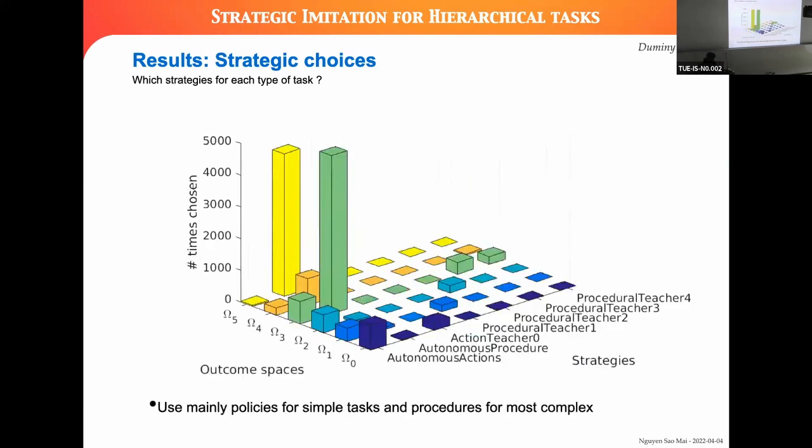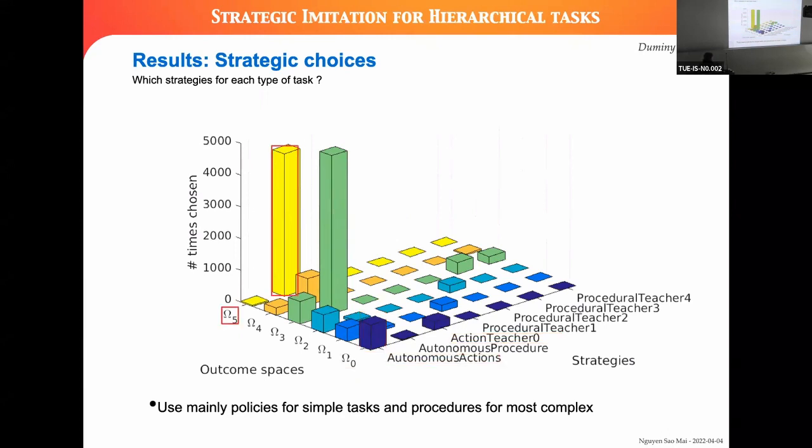If we look more broadly, more than the imitation strategies, it can also learn by autonomous exploration, either in the action space or by decomposing the task. We can see that here for the task omega-0, so we said before that it can learn with the imitation teacher 0, but we can see also that it can learn mainly by exploring autonomously the action space.